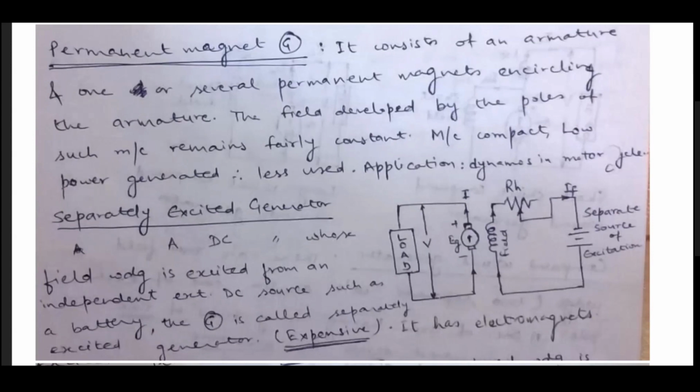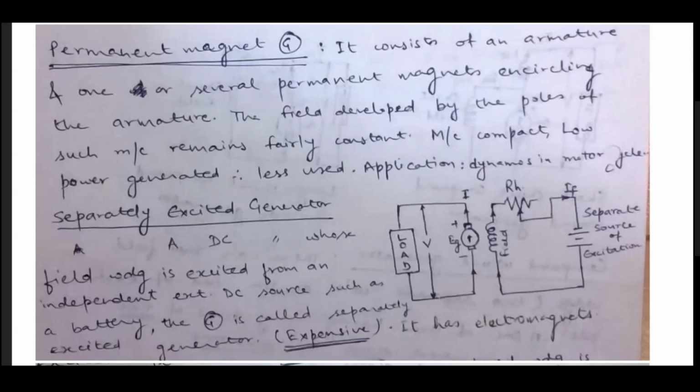So flux is moving. As and when we provide the means for rotation of the armature, flux cutting will be there and EMF will be produced. These machines are compact, but low power is generated. This is a disadvantage. Therefore, it is less used and also it is costly.